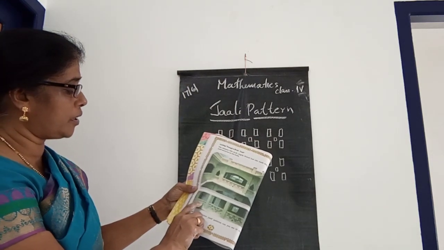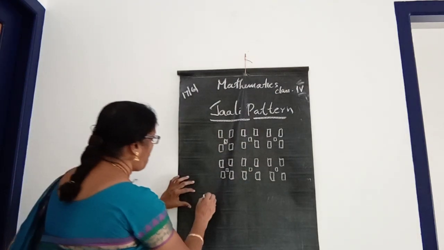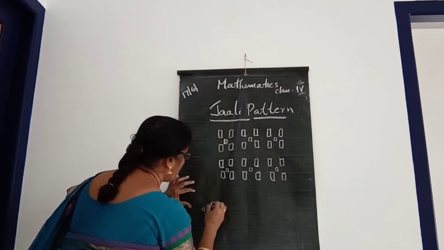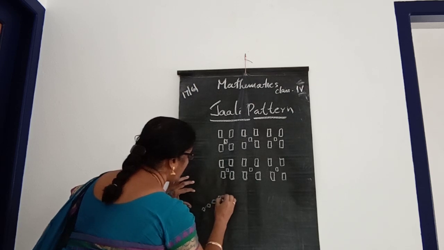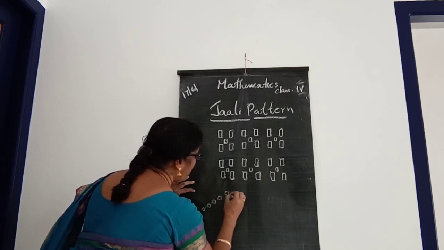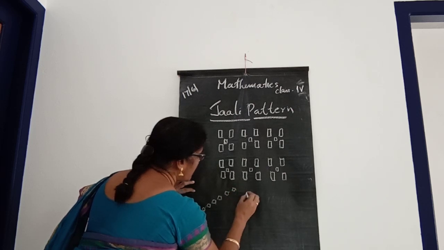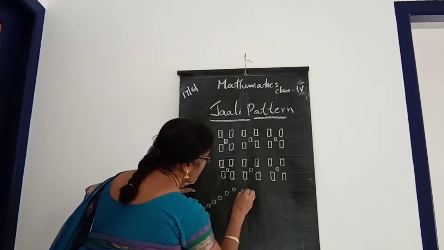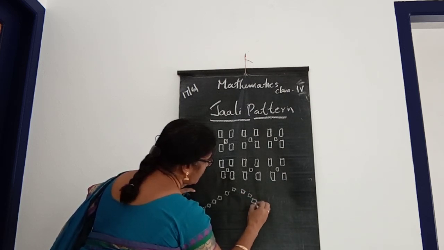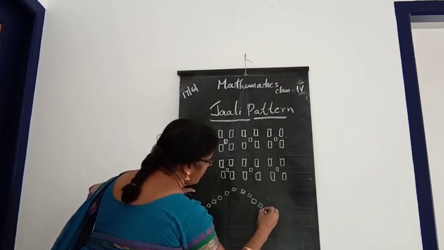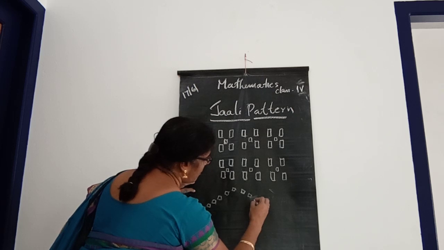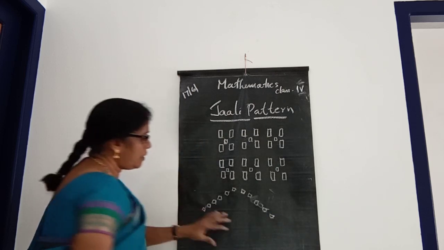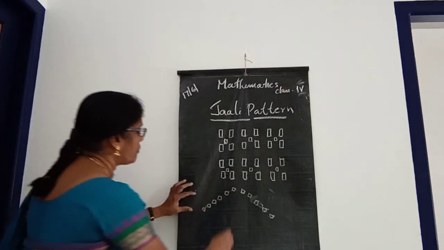The first one, look at how it is made. Yes, 1, 2, 3, 4, 5, 6. Likewise here also. Gap in between that. Okay. Then in between 3 also.